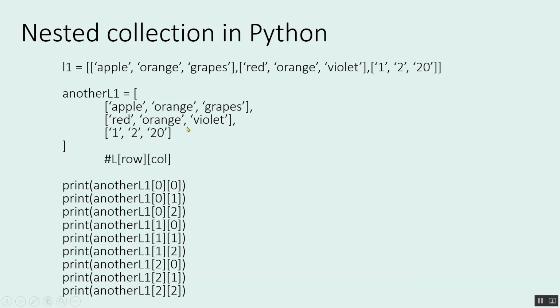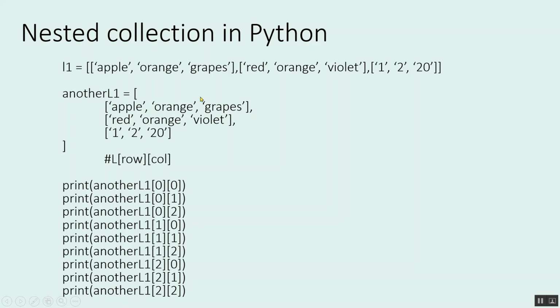Also take note that this list of lists is also separated by a comma. Once we are finished defining the elements of this list, we write a comma here for the next element.